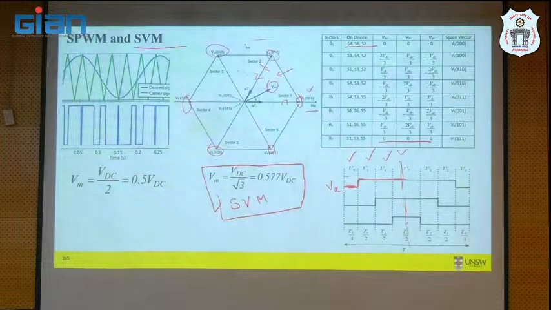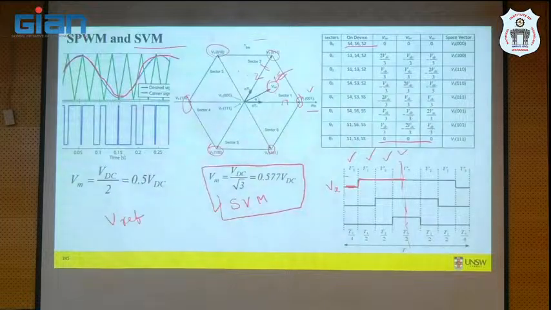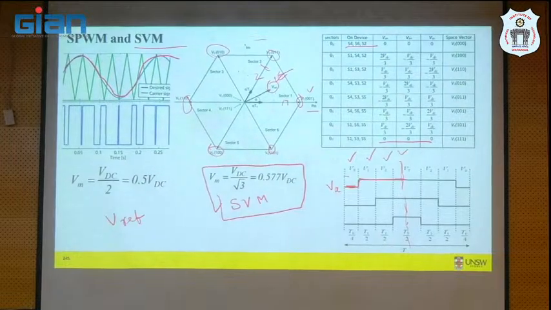So either one, PWM or SVM, in each case you need a reference voltage. In case of SVM, this is your reference voltage. In case of SPWM, this is your reference voltage. So either case you will need a reference voltage input to this SVM pulse generation or SPWM pulse generation.